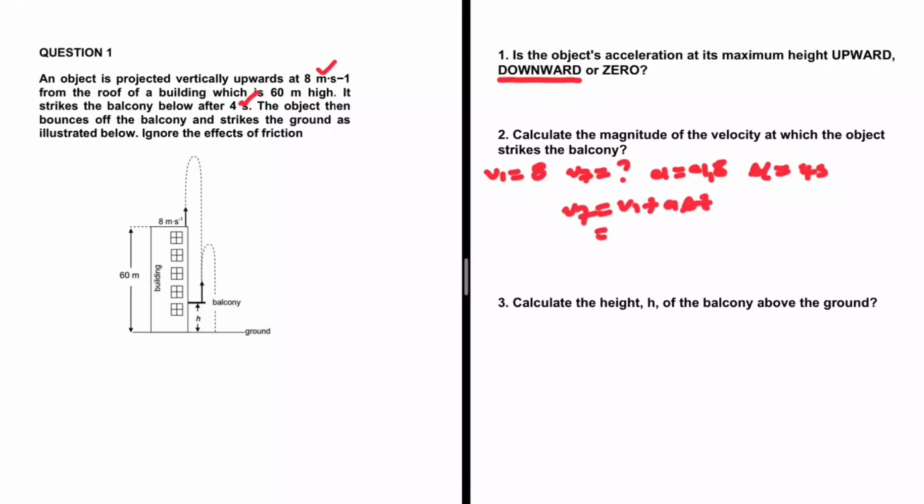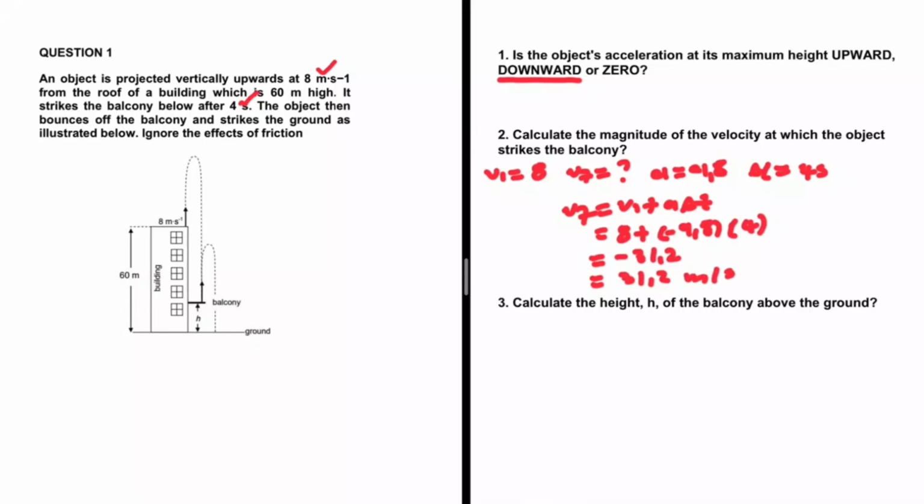Taking up as positive, if we substitute, we're going to have 8 plus the acceleration, which is minus 9.8, multiplied by delta T. It's a scalar, so it's always positive. Minus 31.2, which is just equal to 31.2 meters per second.